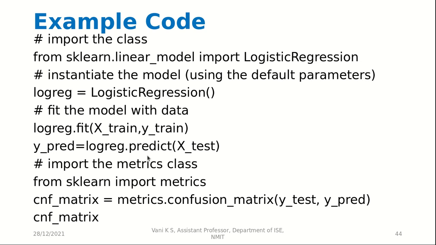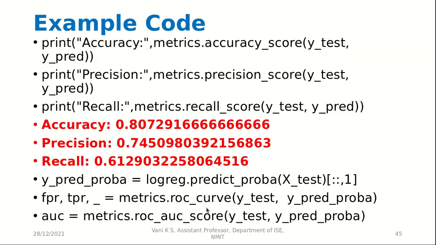Then from the metrics module of sklearn we can directly get the confusion matrix, and that's all. We can calculate the accuracy, precision, and recall using the confusion matrix easily. So accuracy score, precision score, and recall score can all be computed easily there.